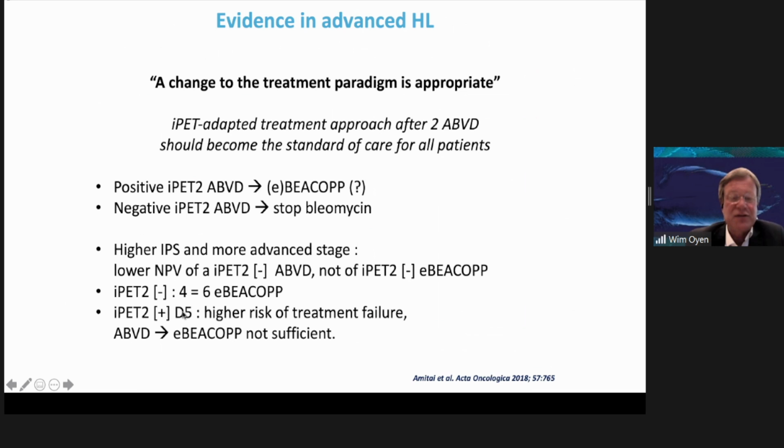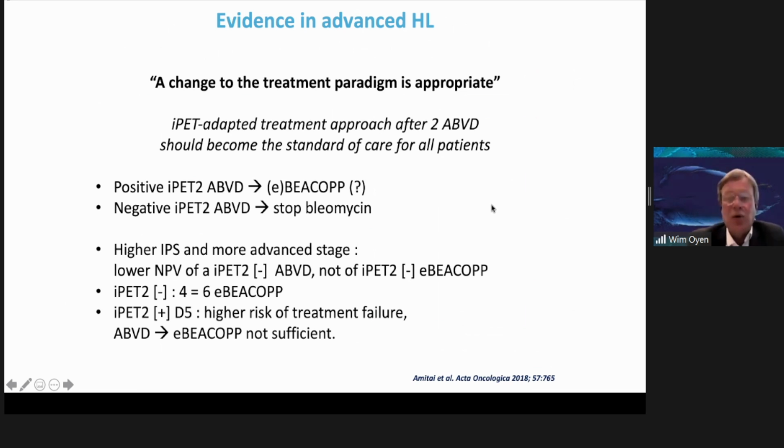In patients treated with escalated BCOP, if the interim PET is negative, 4 cycles are just as effective as 6 cycles in terms of outcome. And also, the patients that at the interim PET still have a Deauville 5 score are at such a high risk of treatment failure that it is postulated that the switch from ABVD to escalated BCOP is not sufficient to induce long-term remissions.